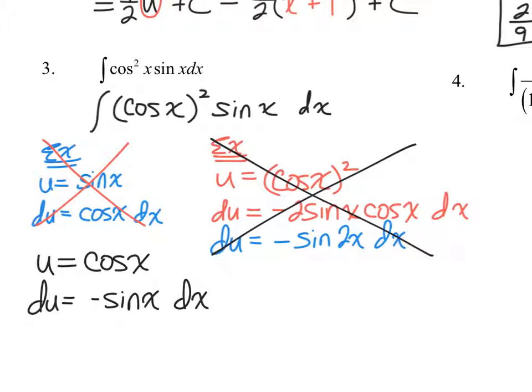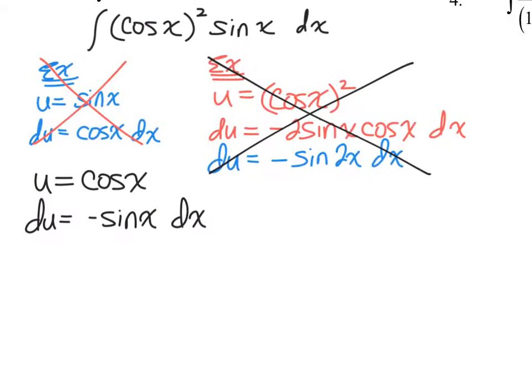All right, so if I'm rewriting my integral, I now know immediately that I can replace, instead of having the cosine squared, it could be just a u squared. All right. Now, it looks like I have to get rid of a sine x. All right. Well, that's a problem. It's not an insurmountable problem. I want to get rid of a sine x. I want to do a direct substitution there, but I have a negative sine x dx. All right.